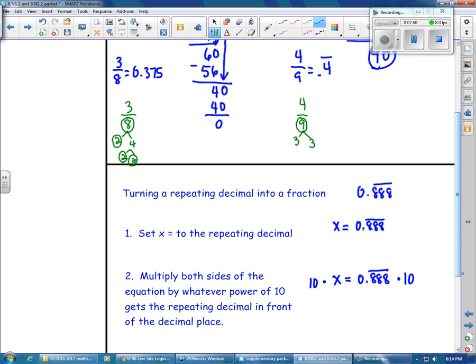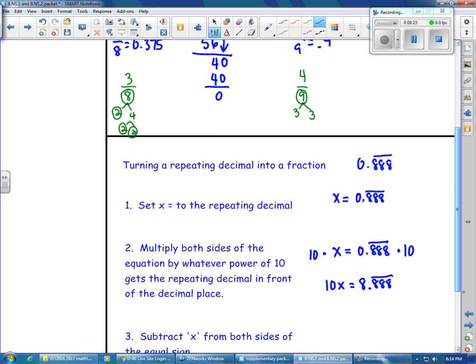And when I rewrite it, I'm going to have 10x equals, I move my decimal 1 to the right, so I'd have 8.888 repeating. Why do I still have three 8s there? Because a repeating decimal repeats to infinity. It doesn't matter how many times I move my decimal over to the right. If I had multiplied by 100, I have 88.888. Does that kind of sort of make sense? I hope.